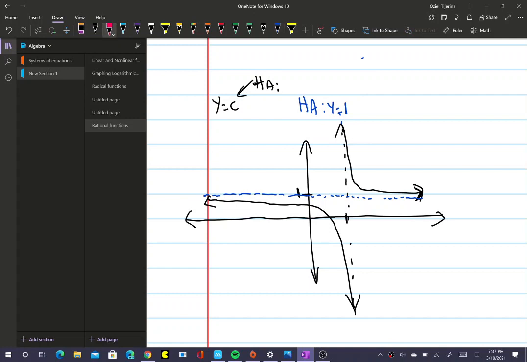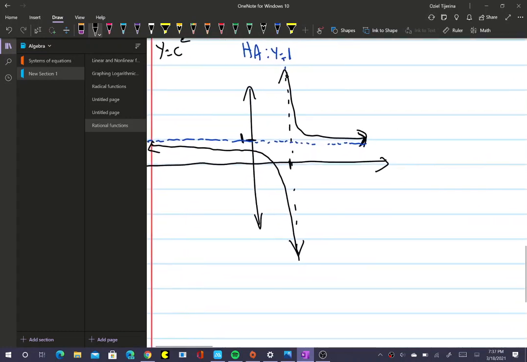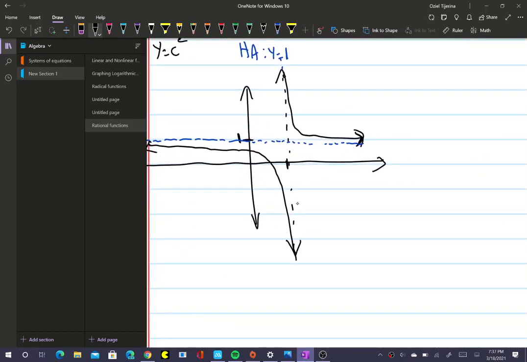Now, for the vertical asymptote, notice that as we go in terms of x and y, if you look from here and then over here, for example, there's an x value that it looks like it's approaching, and it's getting very close to it, but it's not reaching it.